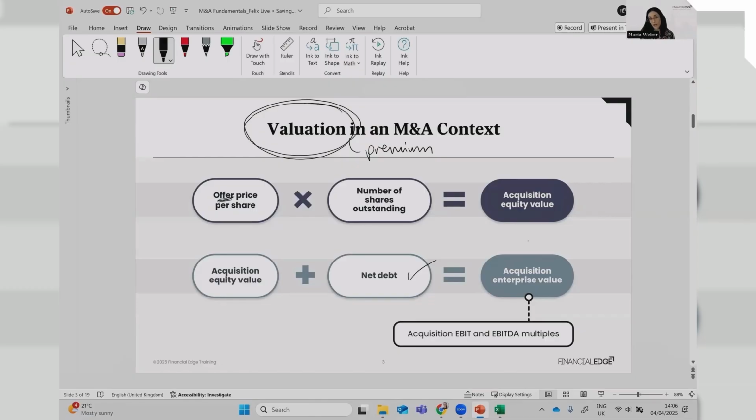The reason having the acquisition EV is so useful is we can then work out the acquisition multiple and compare that to other similar deals that have been done recently. We also use enterprise value very often to calculate the fees, as fees are often a percentage of the EV of the deal. Okay, so decision one is what is the valuation.